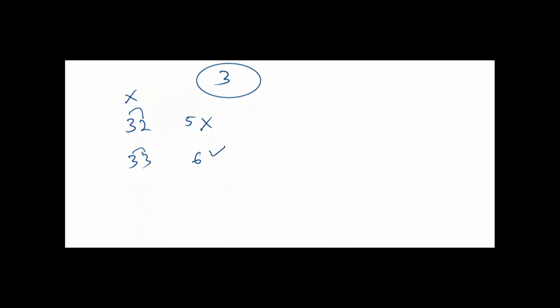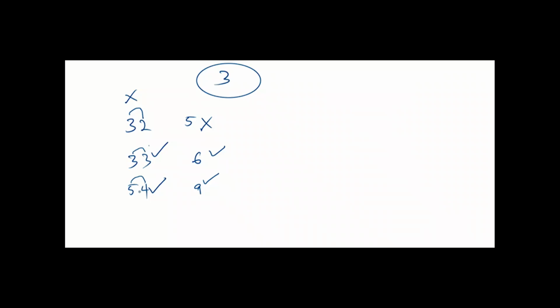So that means 33 is divisible by 3. Let's look into another one. You have 54. If you want to check if 54 is divisible by 3, let's add the digits. 5 add 4 is 9. Is 9 divisible by 3? Yes. That means 54 is divisible by 3.